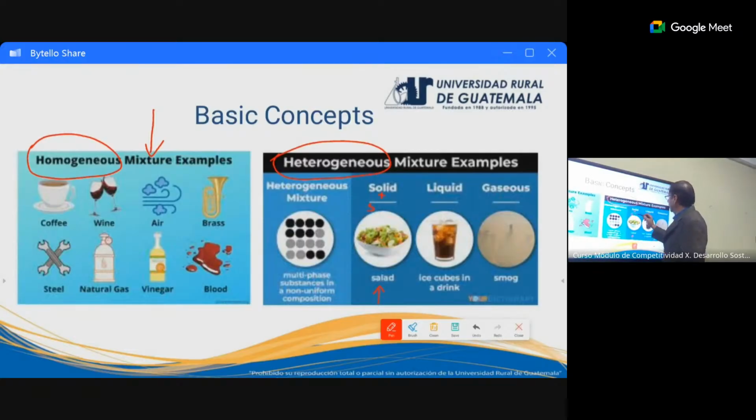That is a salad here, solid plus solid. And here we have a mixture of liquid plus solid. And the last one, that is a mixture of gaseous state plus gas.